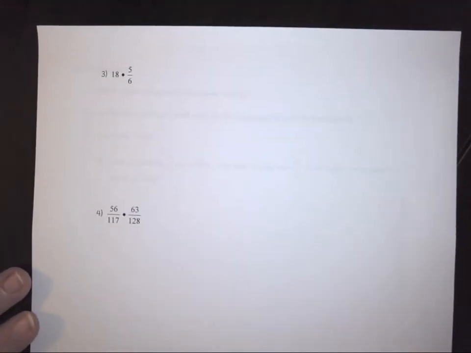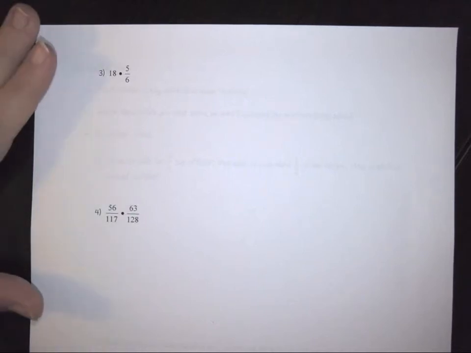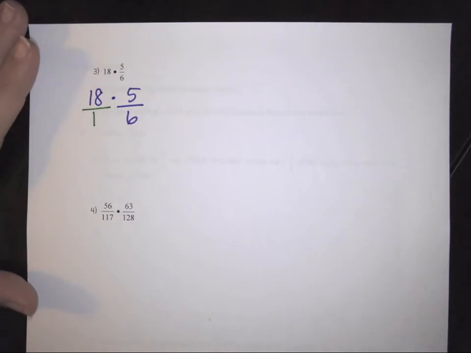Alright, let's look at another one. So here I have 18 times 5/6. So I have 18 times 5 over 6. Well, one thing that I have to remember here is that any whole number is the same thing as saying that it's over 1.